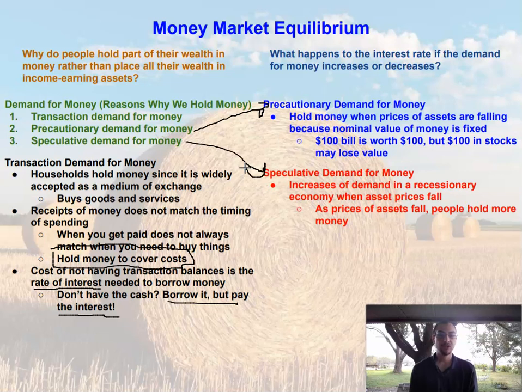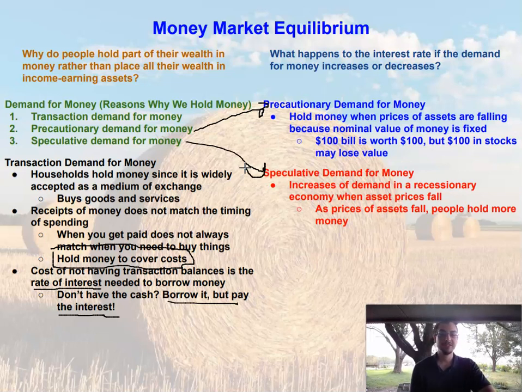It goes a little bit along those precautionary aspects, that you're worried about asset prices falling, but here it is more specifically in a recessionary economy. If we get into a recessionary economy and we're worried about the prices of assets falling, we're not going to be investing in assets. We're going to be holding on to our cash because we're speculating that cash is going to be worth more than those assets, because asset value is falling.